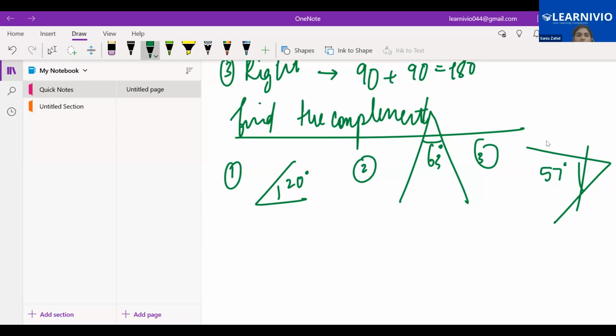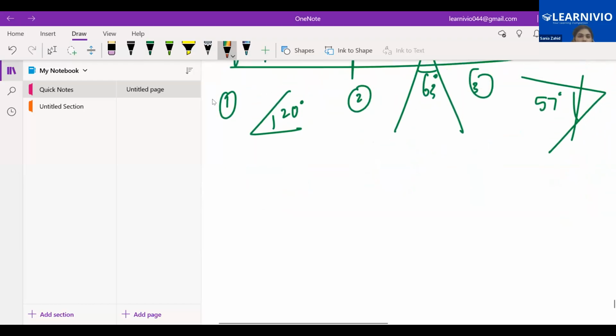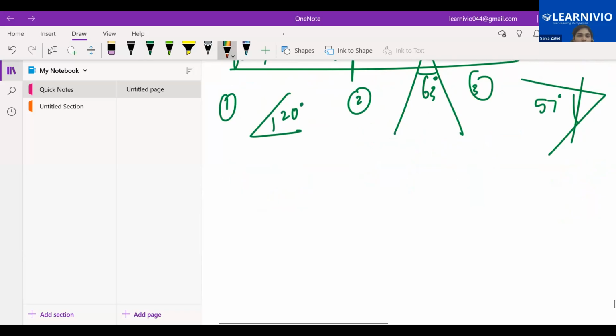Okay. So the first one is 20 degree. Now you have to find the complement. If one of the angle is 20 degree, what you'll do? We subtract it with 90 degree. Yeah, so 90 minus 20 is 70 degree. So you get your answer.